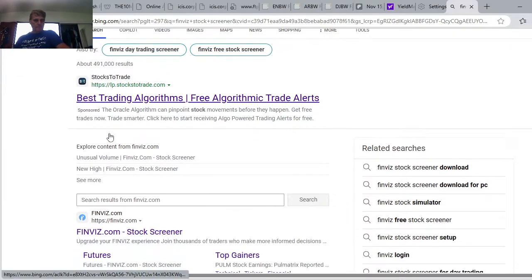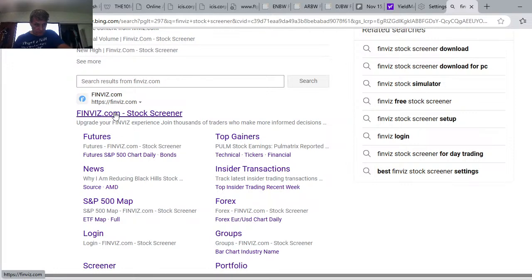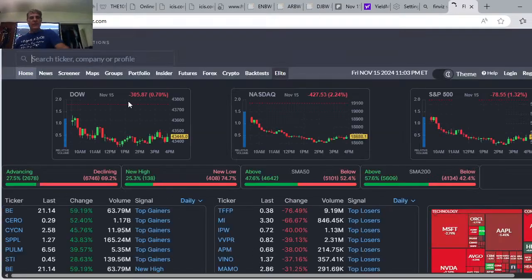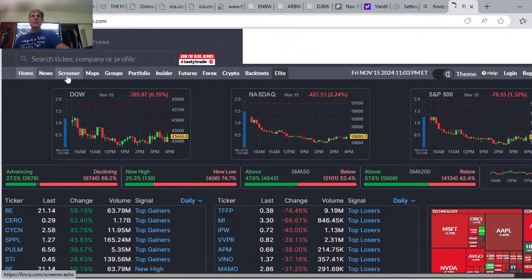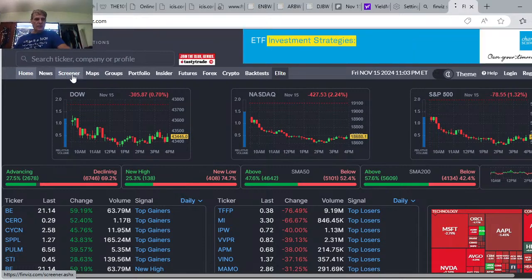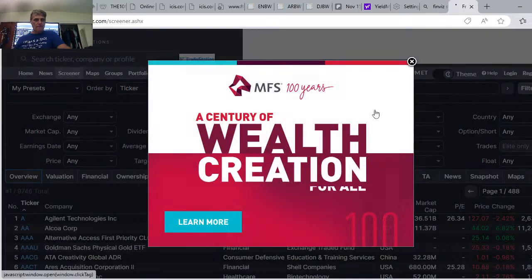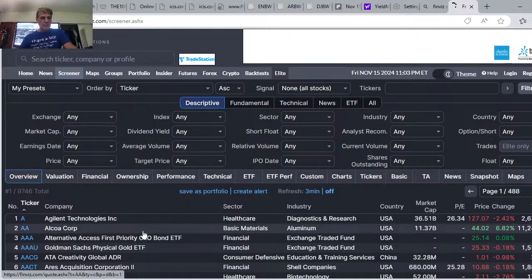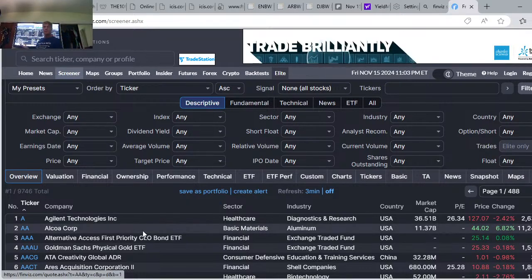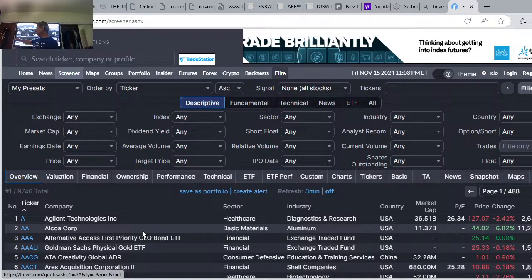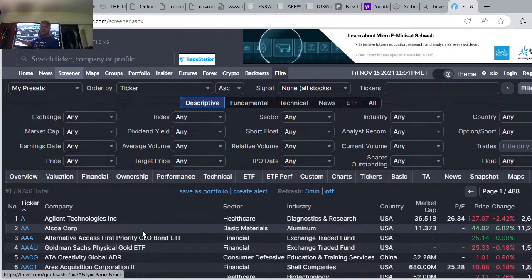Now, the screener screens every single stock in the stock market. They added more companies, 9,746 companies now. The number changes every day.